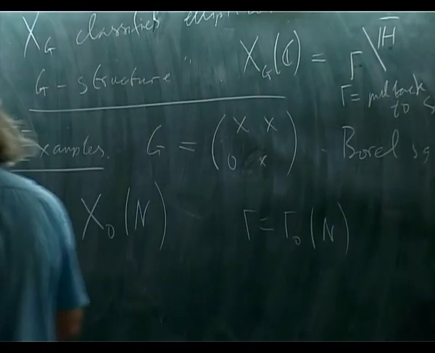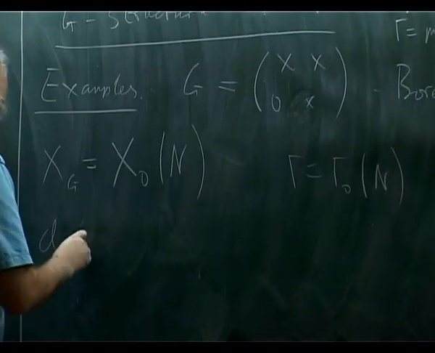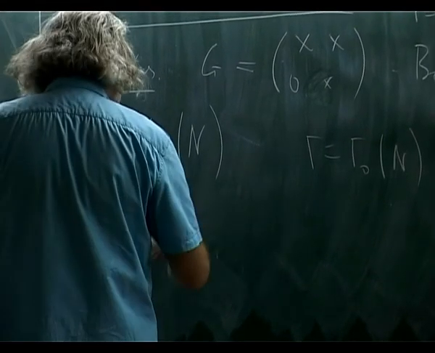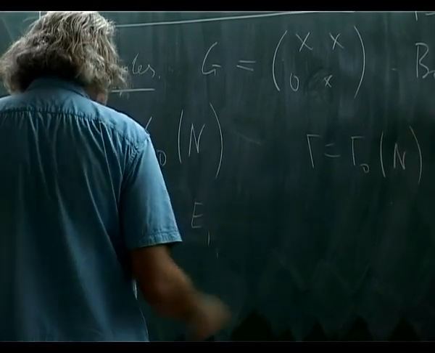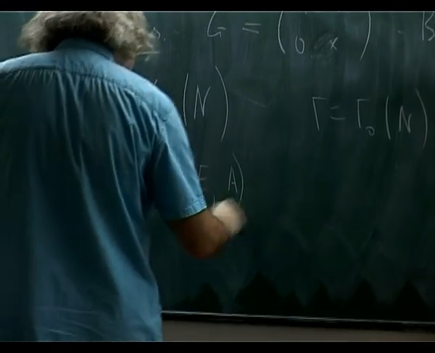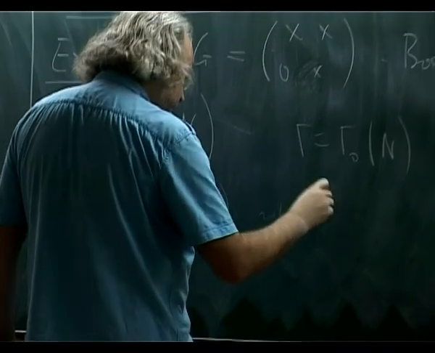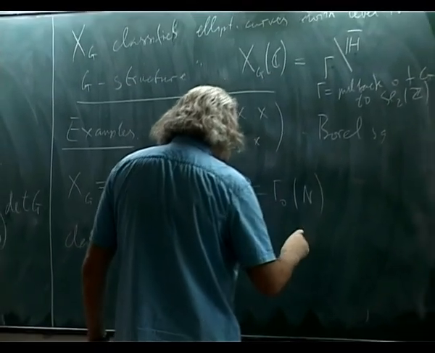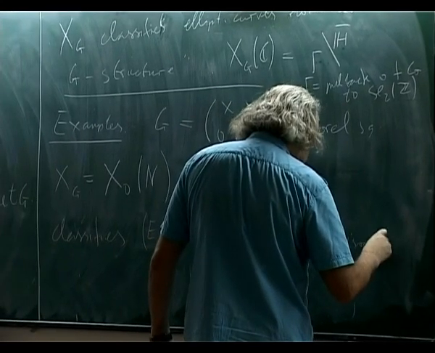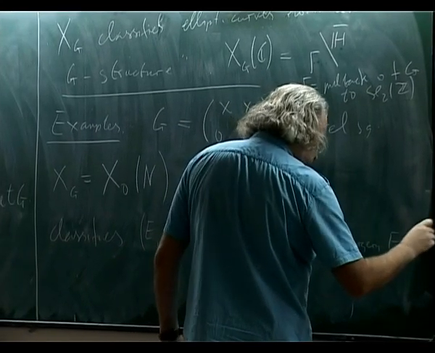And it classifies couples E, A, where A is a cyclic n isogeny, E to some other curve E prime.